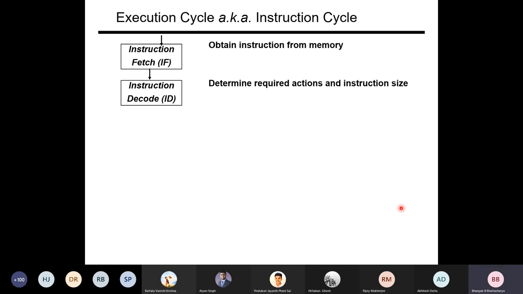That would extract the corresponding bits from the instruction, the opcode field, maybe the first six bits or 8 bits or whatever, depending on the format of the instruction set, and we decode those bits, and then you determine what kind of instruction it is.